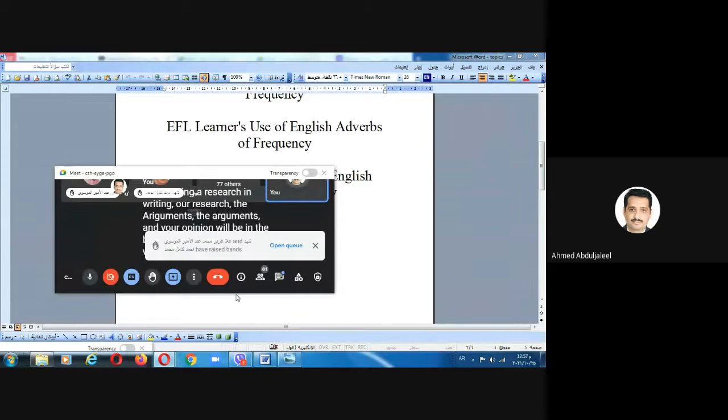For example, you mention different opinions, and then at the end you say that the researcher disagrees with what was mentioned before. So it will be inside the research itself. Later on we are going to have examples, and I'm going to show you where in particular. Yes, thank you very much.